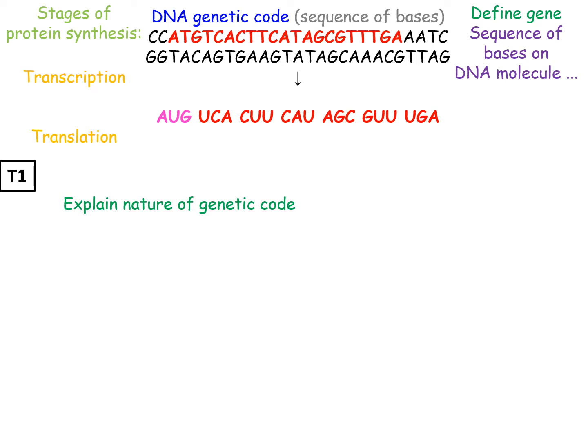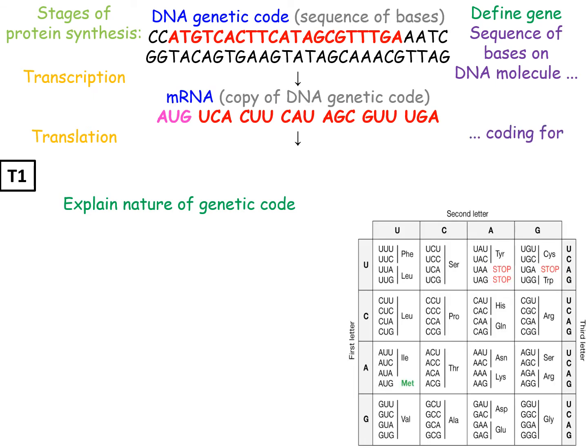In transcription, you're actually making a copy of the DNA genetic code called mRNA, and then that mRNA codes for, you can see here, if we start off with the first three bases, AUG, it codes for a MET amino acid.